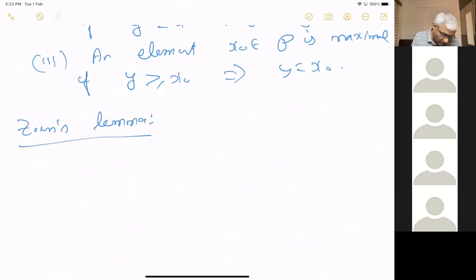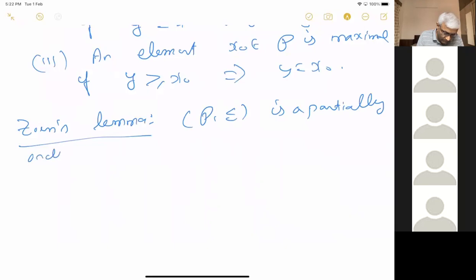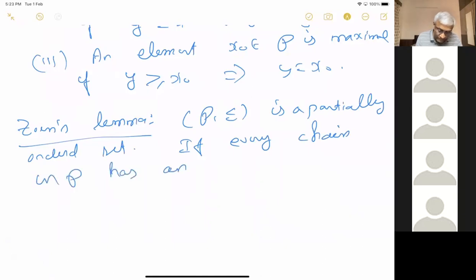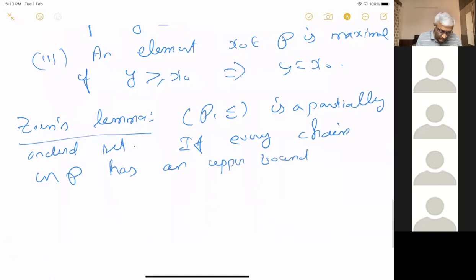Zorn's lemma: P with less than or equal to is a partially ordered set. We have already defined all these things. If every chain, or every totally ordered subset, in P has an upper bound, then P has a maximal element.